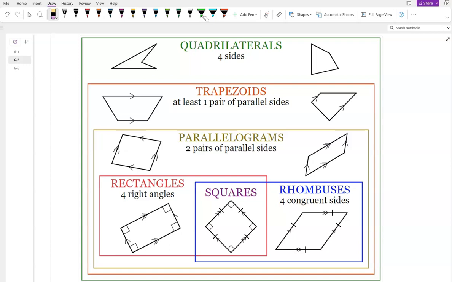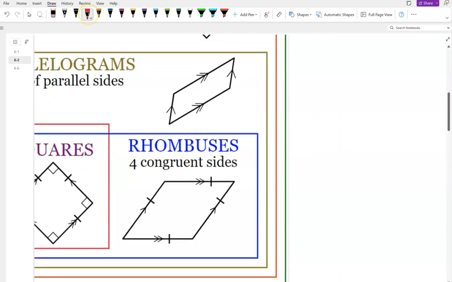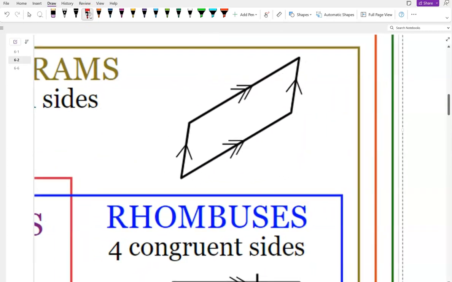Now, one thing you want to make sure you understand when you're doing this on your assignment: when you're looking at the parallelogram and rhombus, the angles that are opposite of each other are always going to be equal to each other, right? So these angles are equal. Same thing for these two angles here and here.